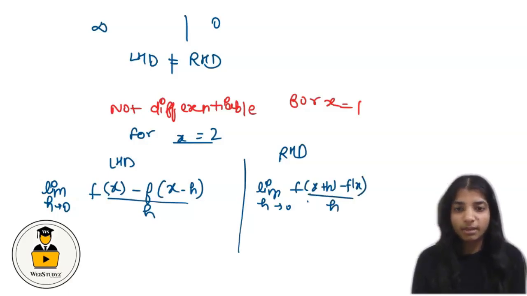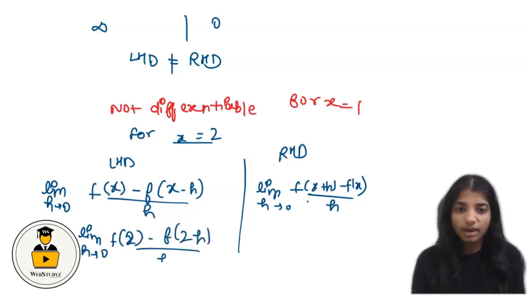Here we replace x with 2. So this becomes the limit as h tends to 0 of [f(2) minus f(2 minus h)] divided by h, and the limit as h tends to 0 of [f(2 plus h) minus f(2)] divided by h.